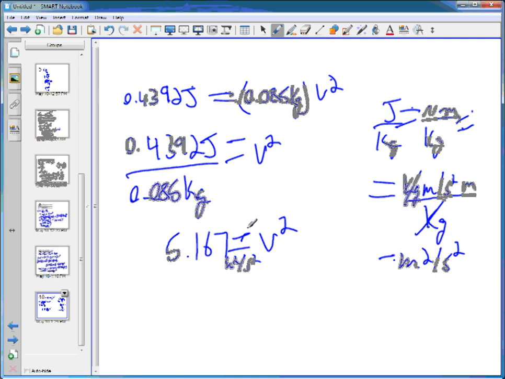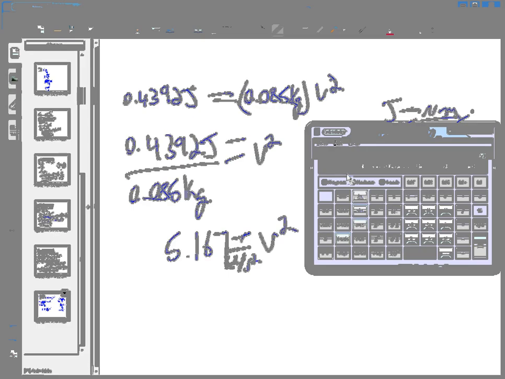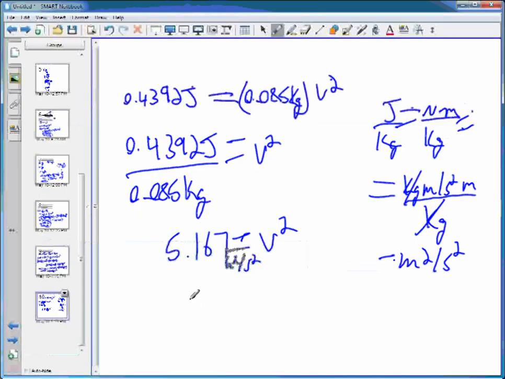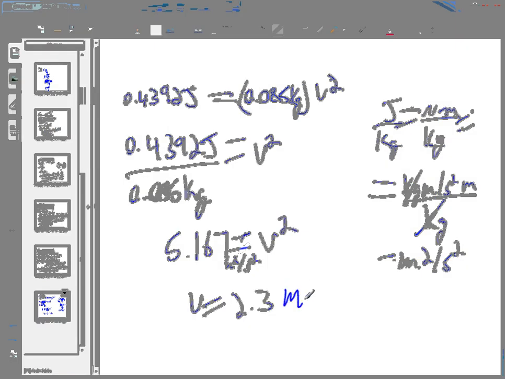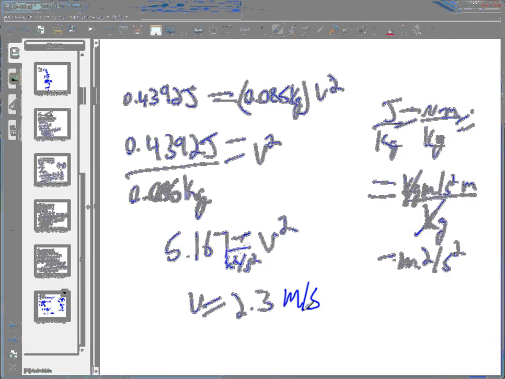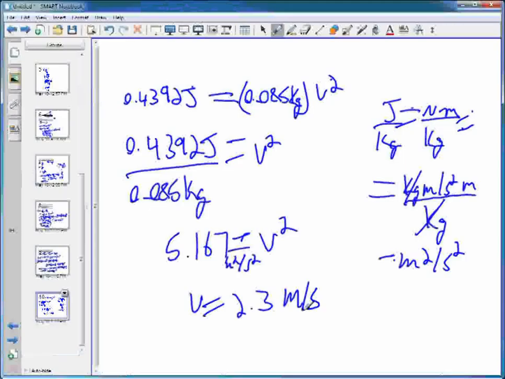So v is equal to 2.3. Now, when you square root meters squared per second squared, you just end up with meters per second, and that makes sense because we're looking for a velocity. So 2.3 meters per second is the final velocity of the numbered ball, and we have our answer.